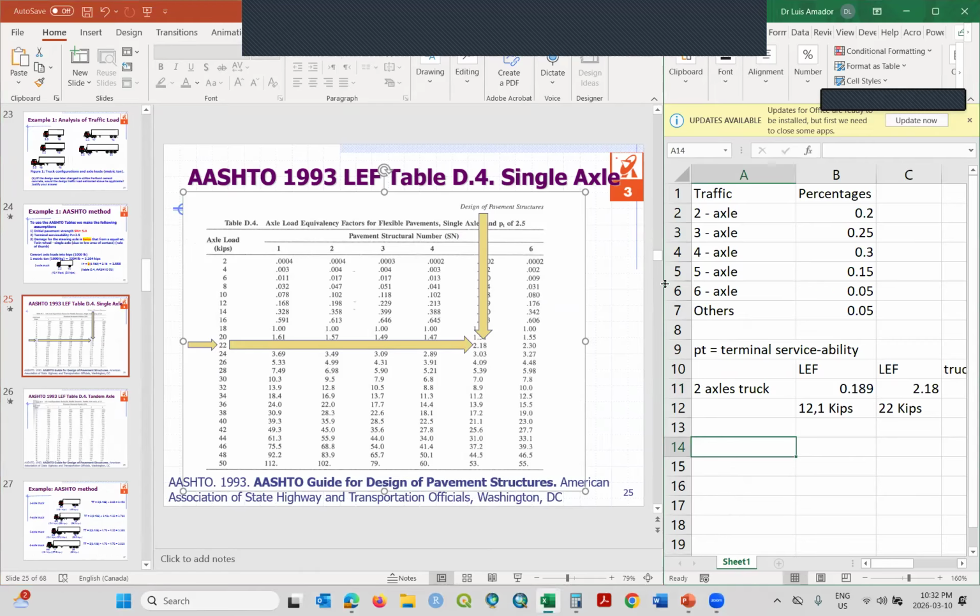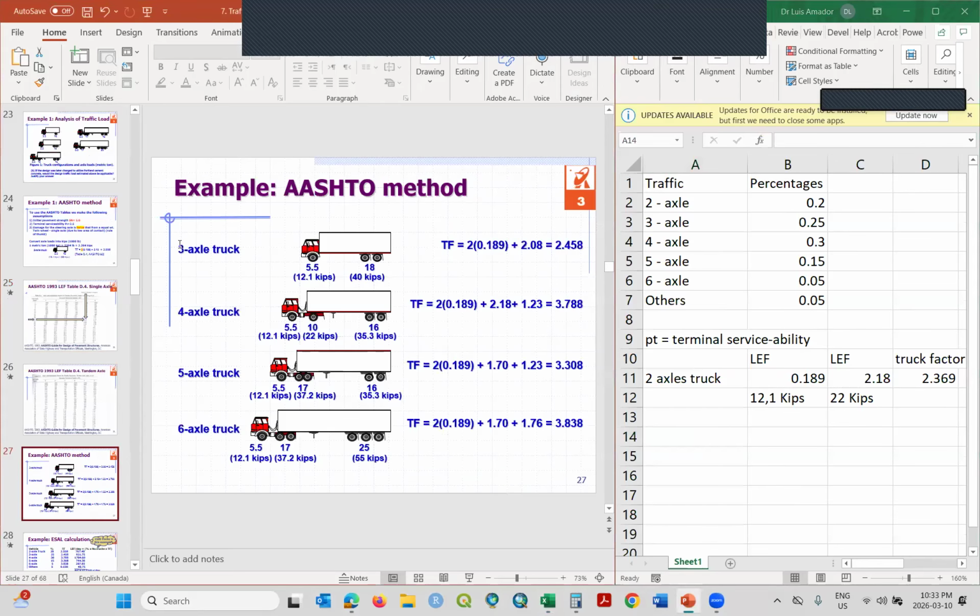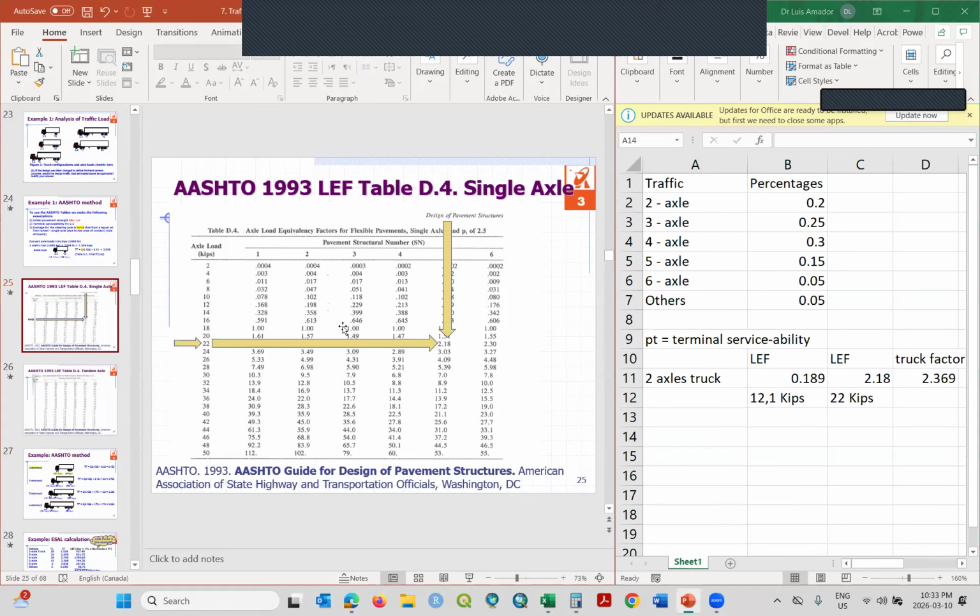Is this okay? Okay, let's do another one. So we have the three-axle truck, and we're going to have 12,000 kips and 40,000 kips. So my three-axle truck is going to have a steering wheel of 0.189, because it has 12.1 kips.